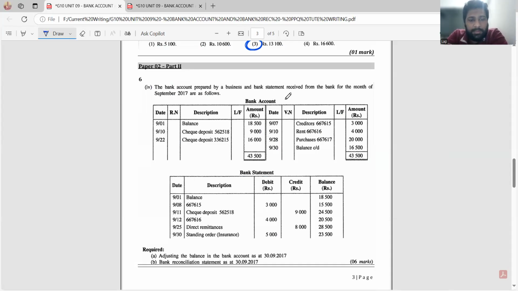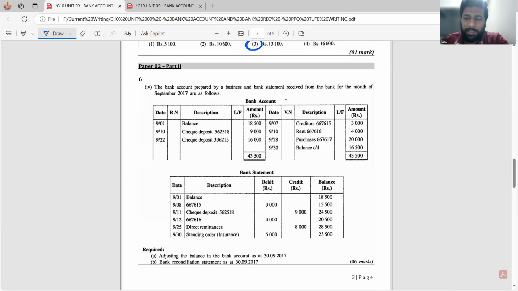So let's discuss. The bank account prepared by the business and the bank statement received from the bank for the month of September is as follows.